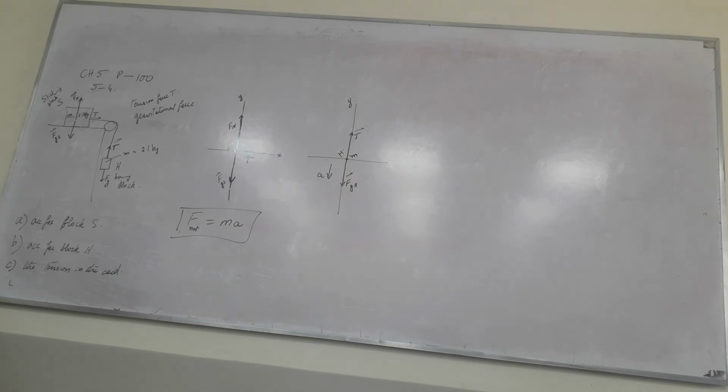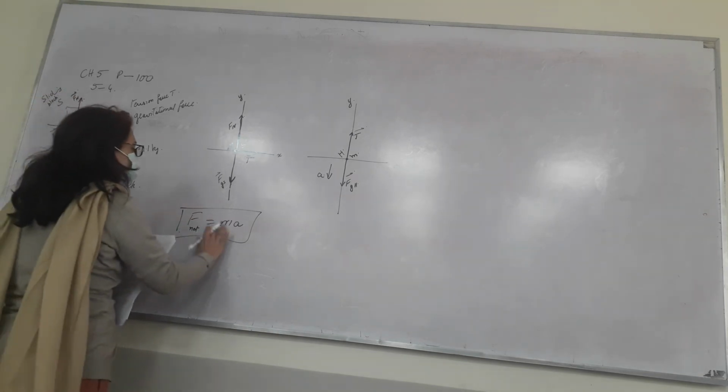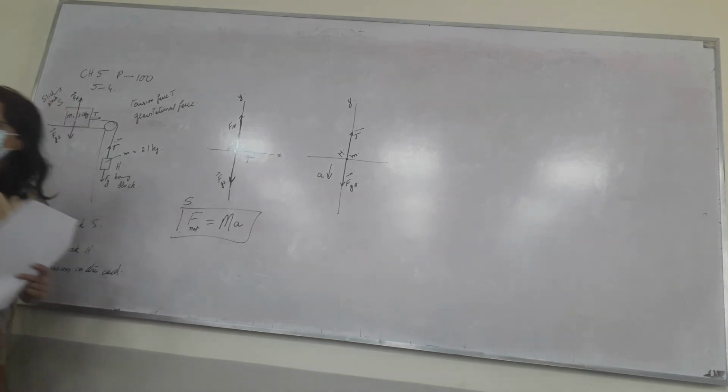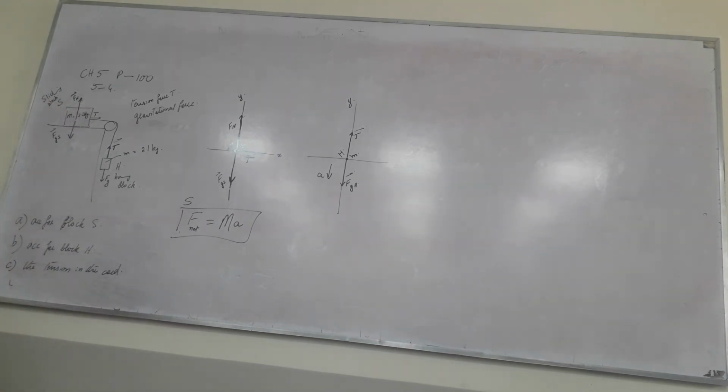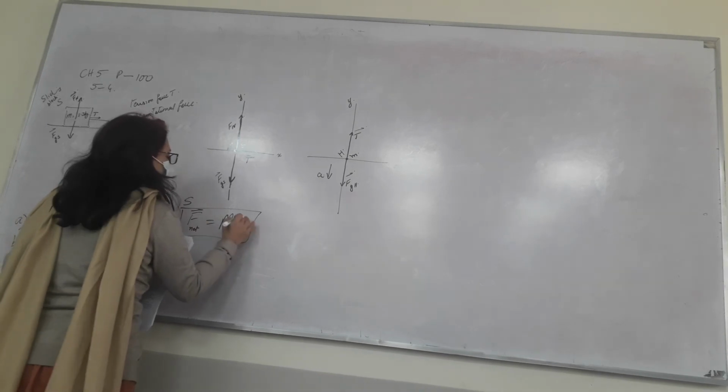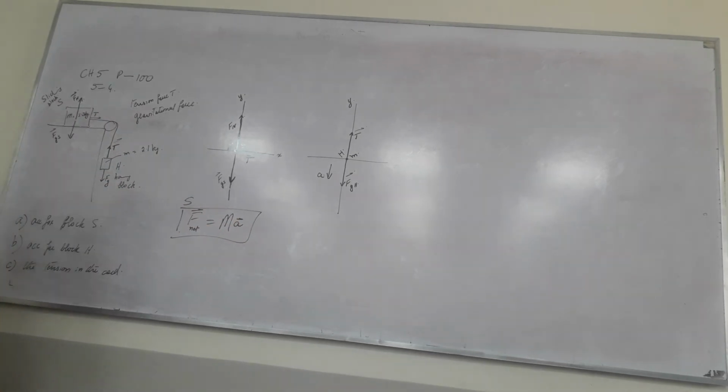Now, if we are talking about the block S, the mass is capital M. And if you want to remember, this is a vector and this is a vector, the mass is not a vector.